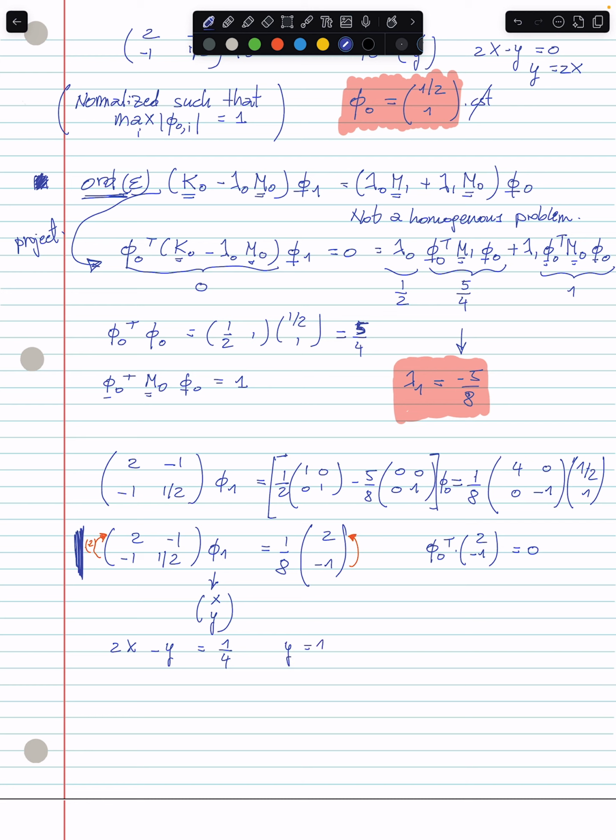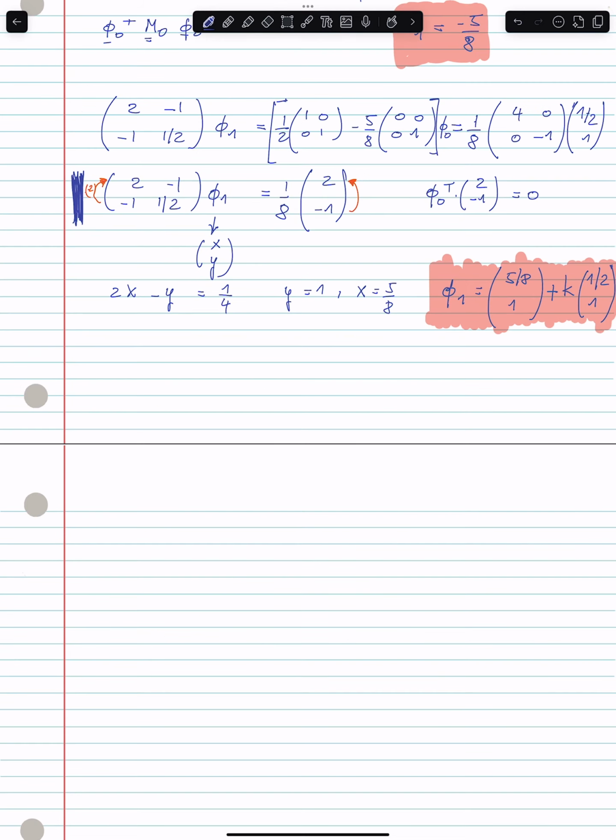It means that 2x is equal to 5/4, meaning that x is equal to 5/8. It is smaller than y, and so this satisfies my usual normalization principle. So the corresponding mode shape is 5/8 and 1, plus any additional arbitrary constant multiplied by phi 0.